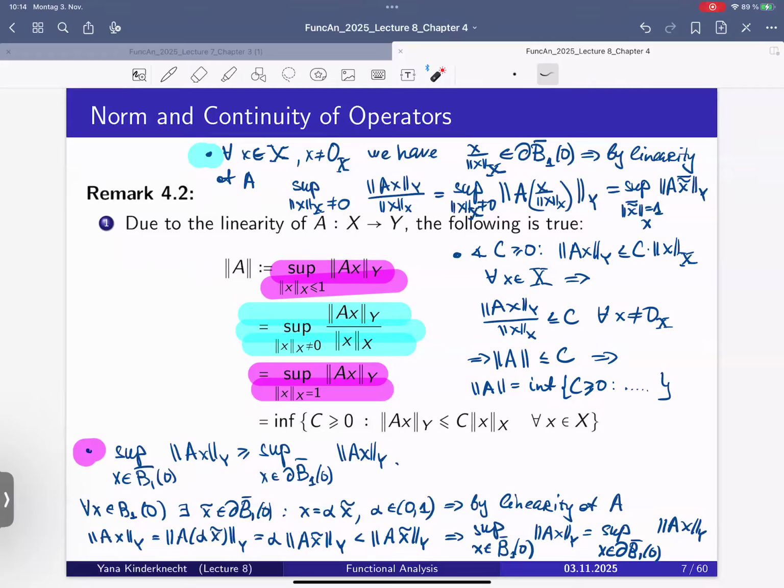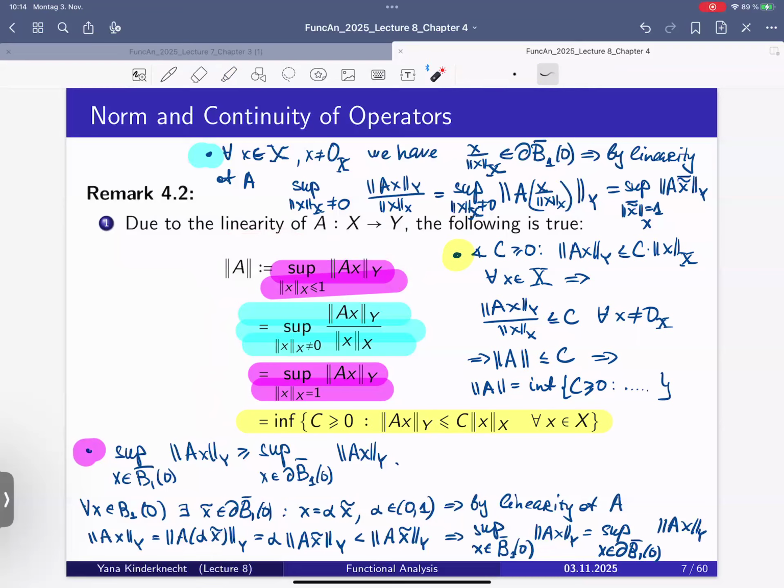Okay, I hope it was more or less clear. So we have presented different versions of how one can calculate the norm. This is the official definition. All the other versions are also sometimes helpful.